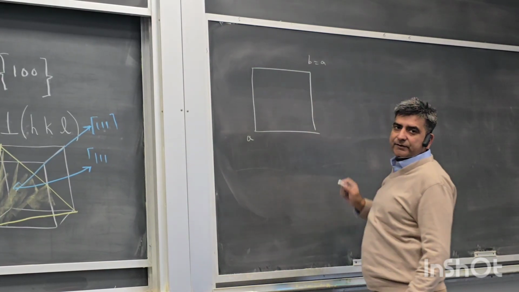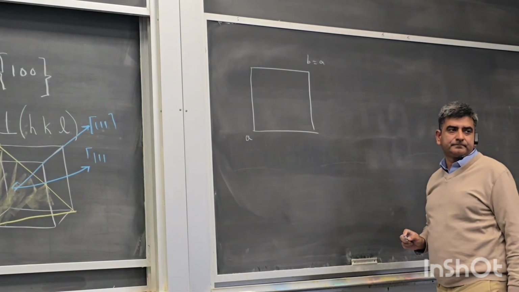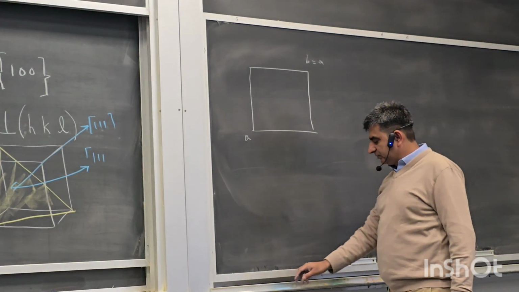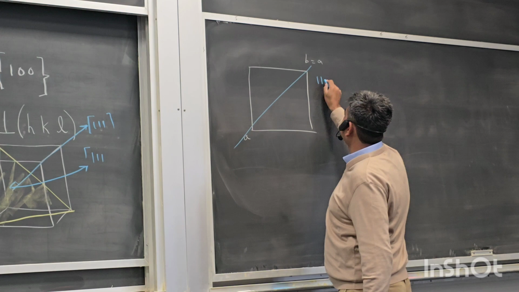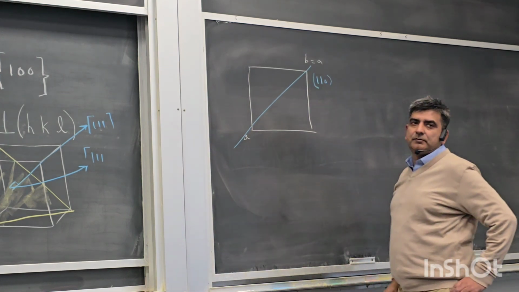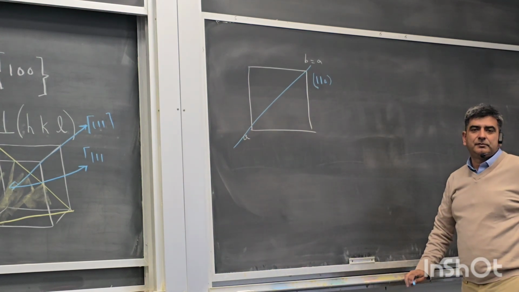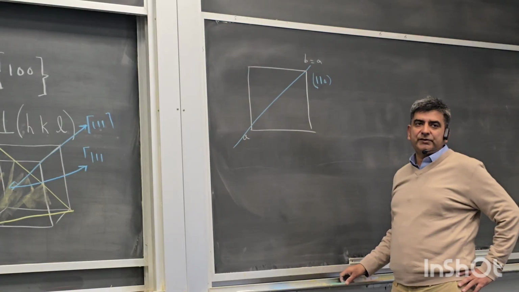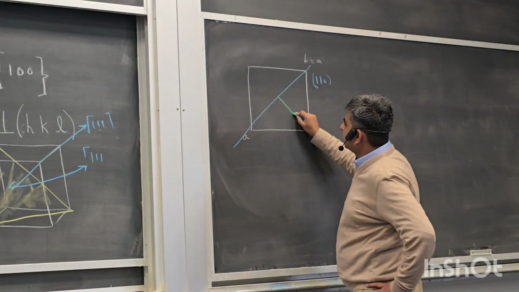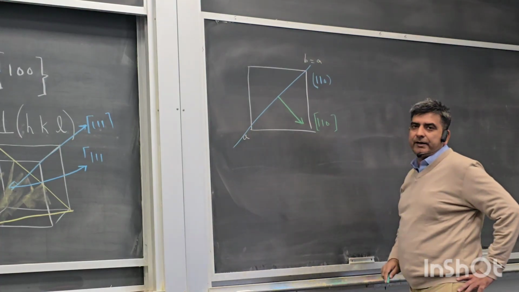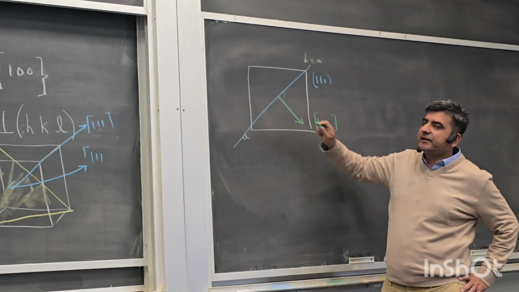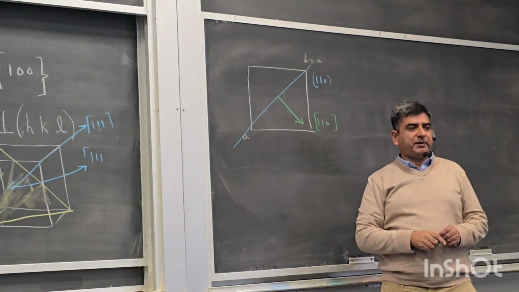This is equal to this. Suppose I draw this plane. This plane is 1, 1, 0. And what about the direction 1, 1, 0? That's simply this direction here, 1, 1, 0. Right? And both of them are perpendicular. The direction is perpendicular to the plane.